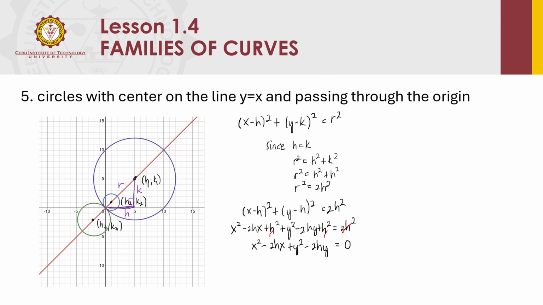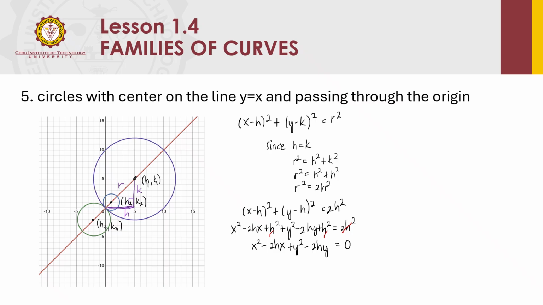The arbitrary constant h is present in these two terms, and the exponent is just equal to 1, so we can factor out h and isolate it so as to eliminate the arbitrary constant.